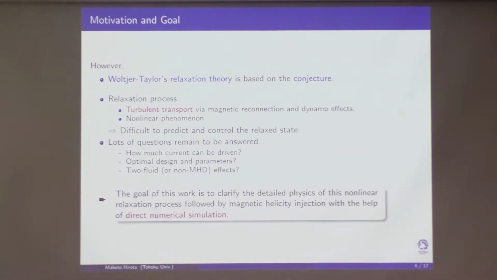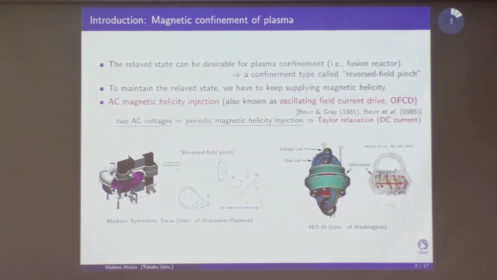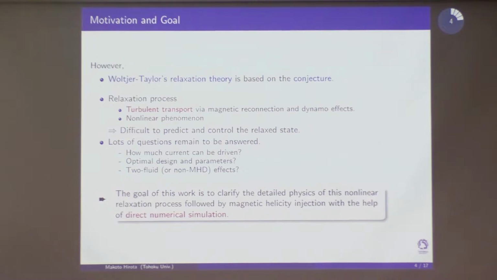However, this is already experimentally observed, but theoretically there are many difficulties. First, this very famous theory, Woltjer-Taylor's relaxation theory, is based on the conjecture, as I explained. This is just an assumption.